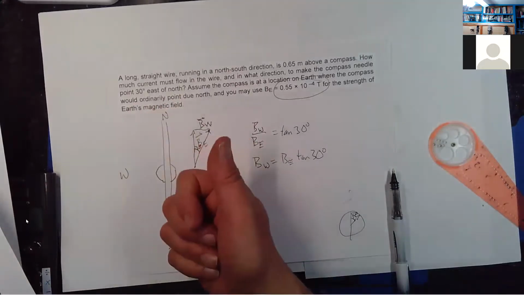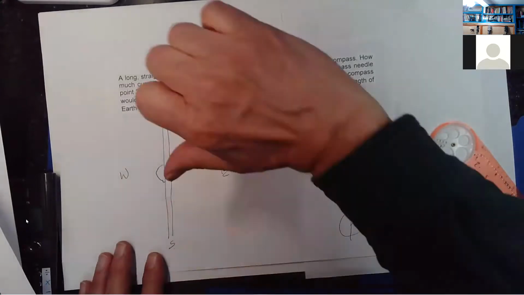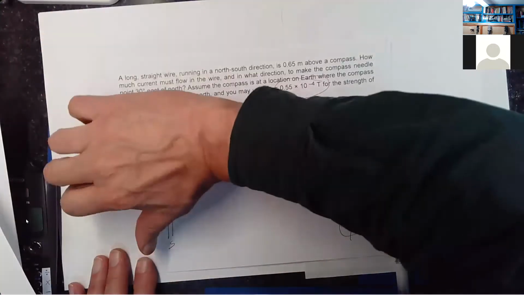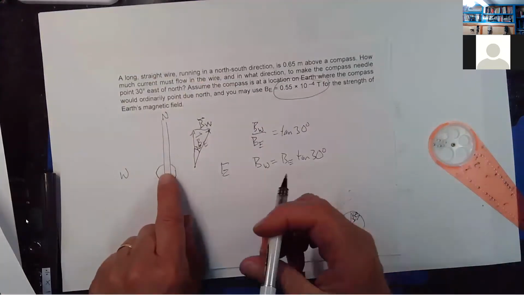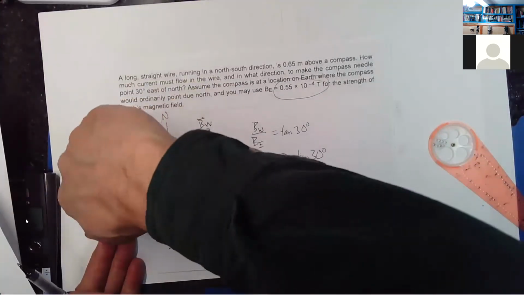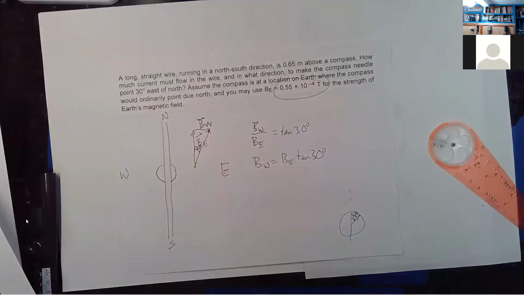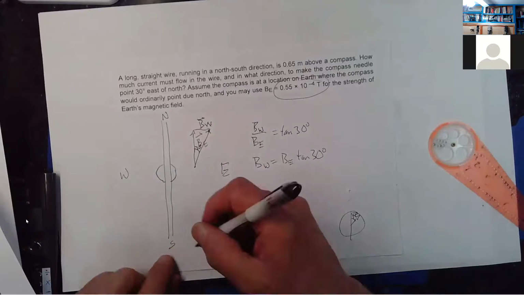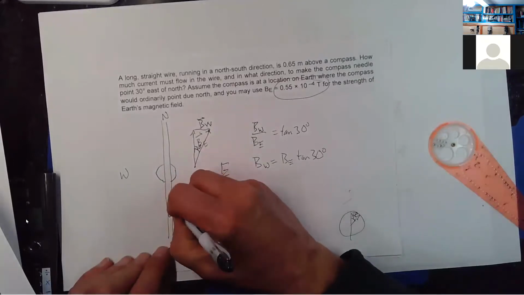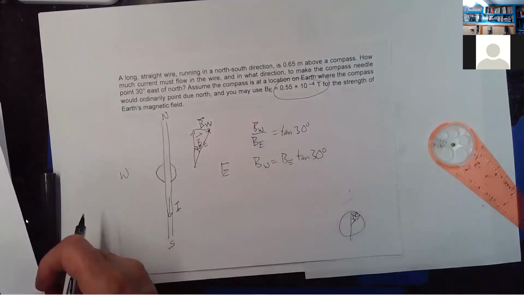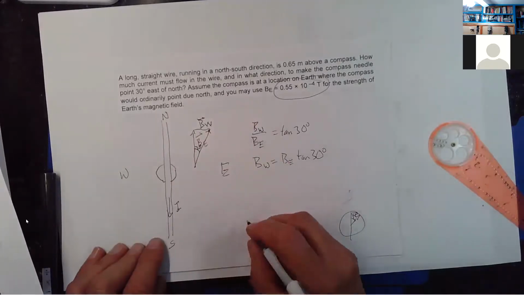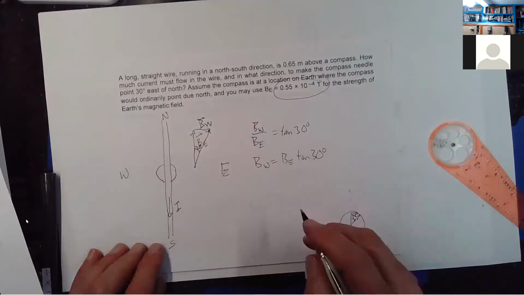So the current's going to have to be going in the opposite direction. That way, underneath the wire, which is where this compass is, the magnetic field of the wire will point to the east. And so that's something that we know. So this has to be the direction of the current flow, I in that direction. And the magnetic field is going to have this for a magnitude.